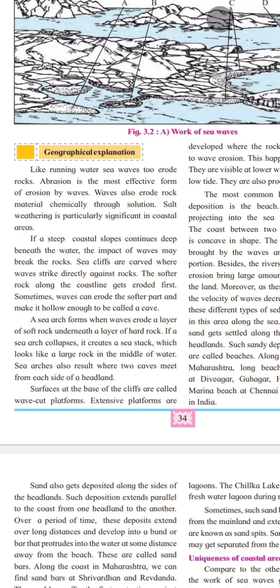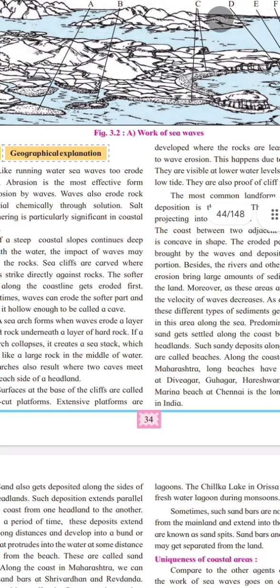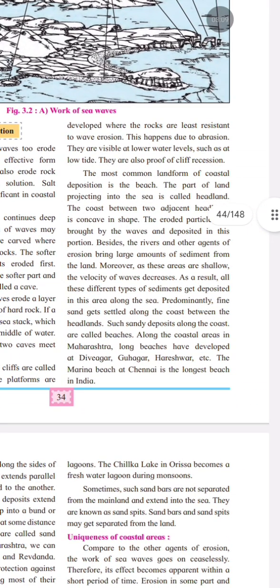Now, what are the depositional landforms of sea waves? Let's understand deposition by sea waves. The most common depositional landform along a coast is the beach. A headland is a portion of land that projects into the sea.